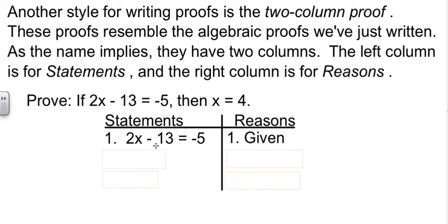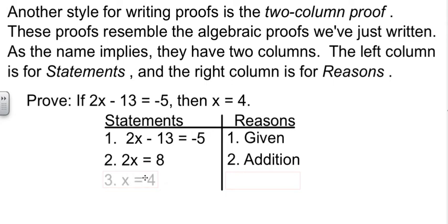Well, how do we go from here? We'll add 13 to get 2x equals 8, and that was the addition property. And then what will we do? We will divide by 2, and that's the division property. Notice we got to the conclusion we wanted to reach.